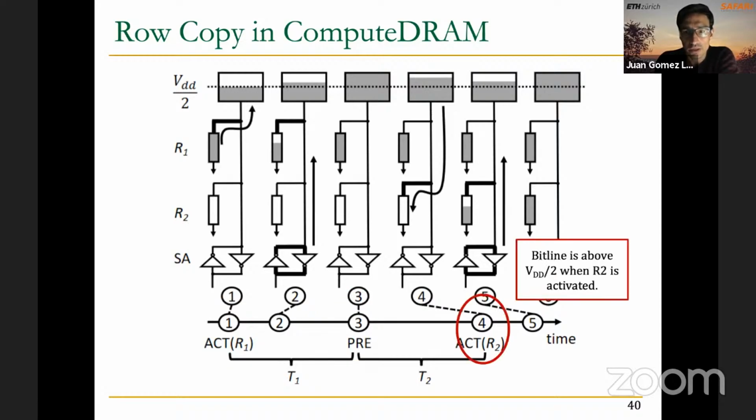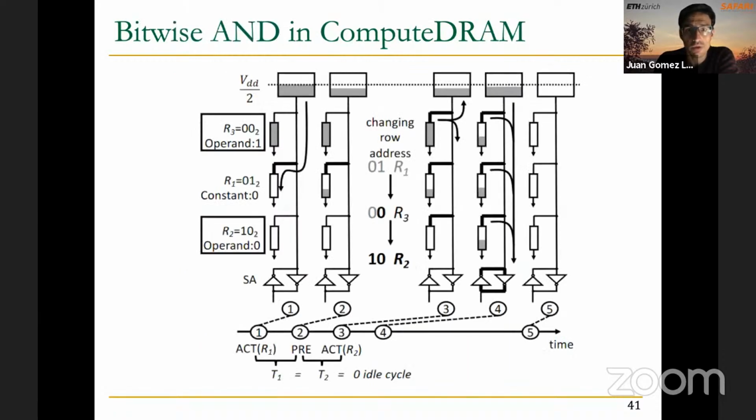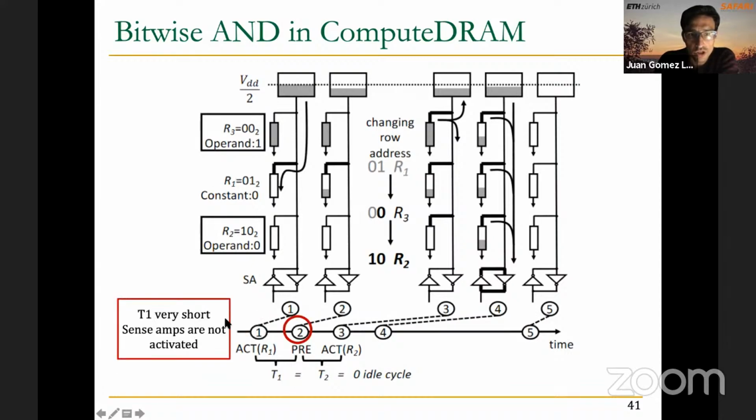Yeah, these are the different steps that I explained, and here we have a similar operation, but in this case it's performing bitwise AND. We have an initial row R1, the row that is first activated, then precharged in a very short time.